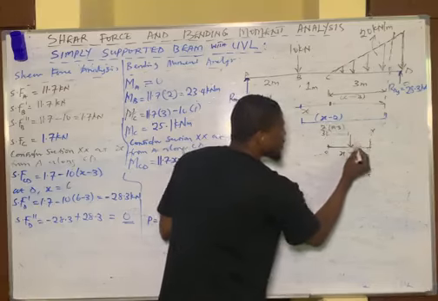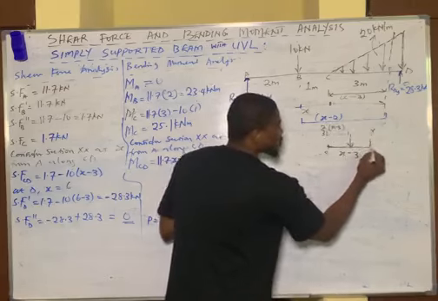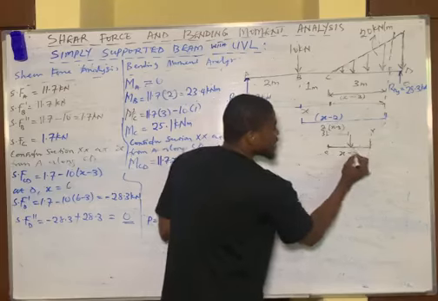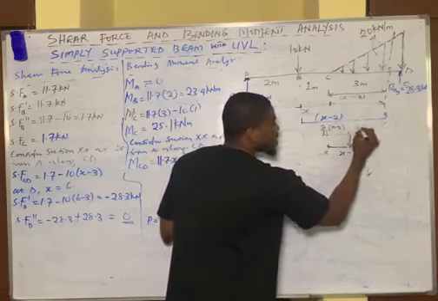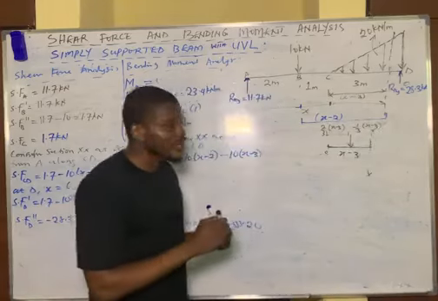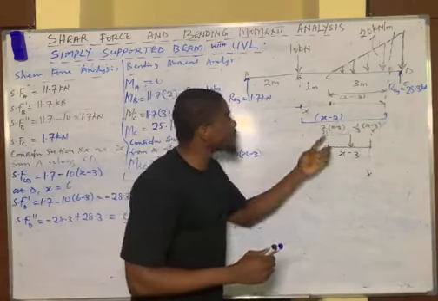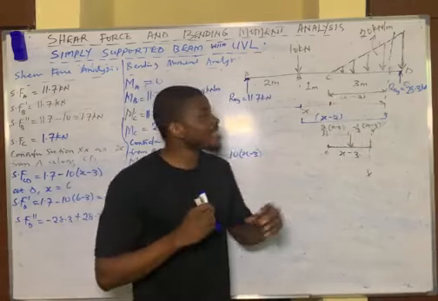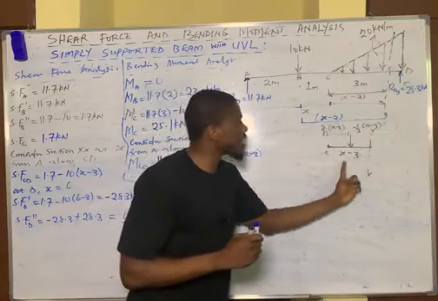That means the moment of this point load about the point of section becomes what? The remaining length from here to this place is going to be 1/3 of the original length from the base. So 2/3 from the tip, 1/3 from the base. After converting this to a point load, you place it at 2/3 from the tip. This is 2 over 3 of the original length x minus 3.